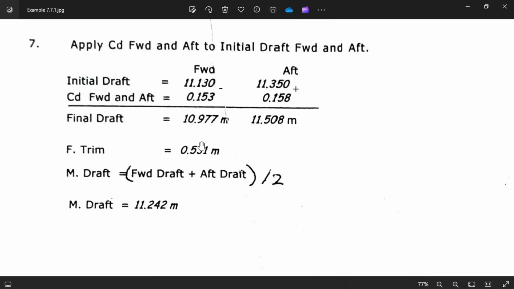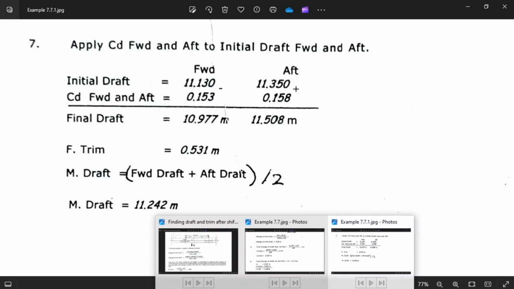That will be number 7. To apply the change of draft forward and aft to the initial draft. Our initial draft forward was 11.13 and aft is 11.35.